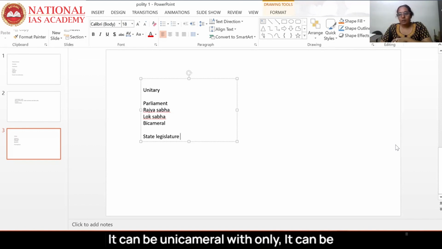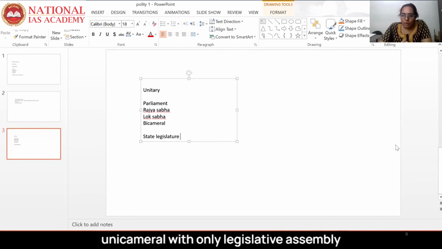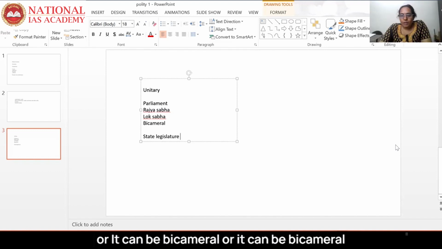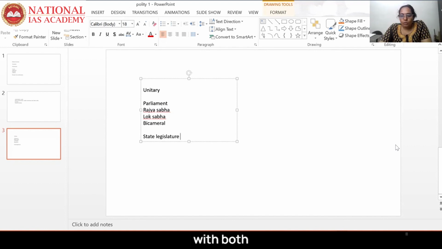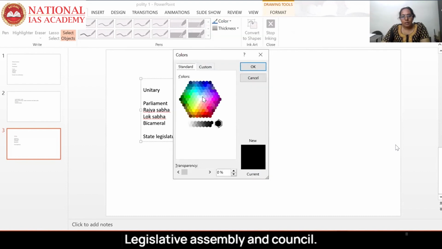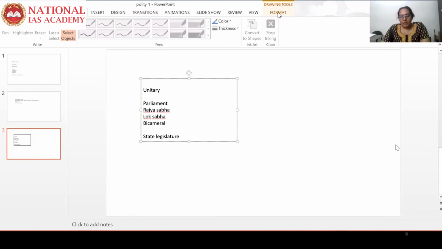It can be unicameral, with only a legislative assembly, or it can be bicameral, with both legislative assembly and legislative council, or both legislative assembly and council. Yes, what is your question?